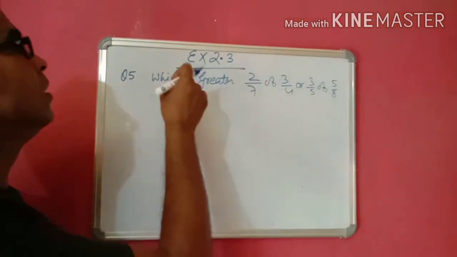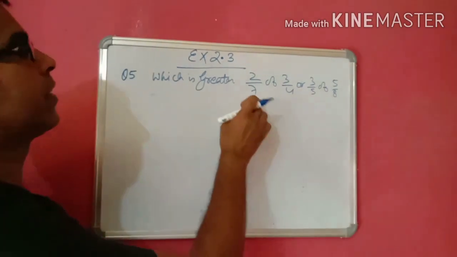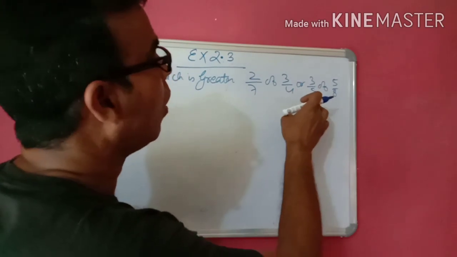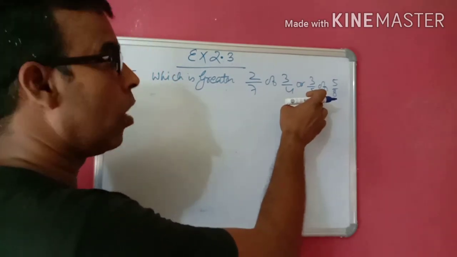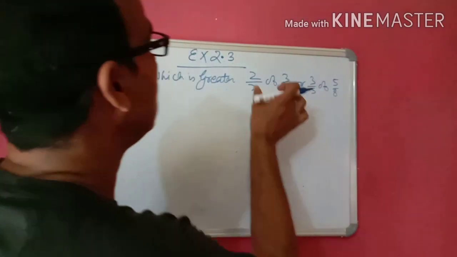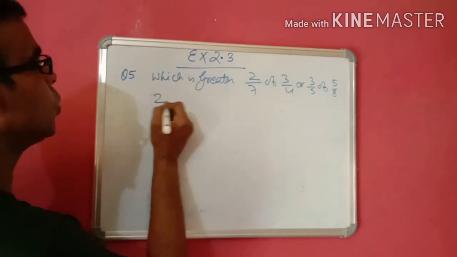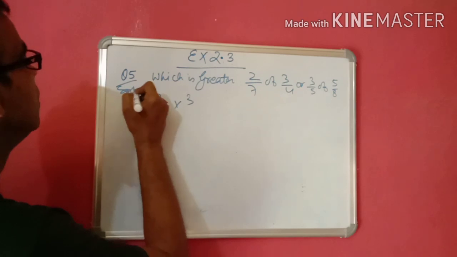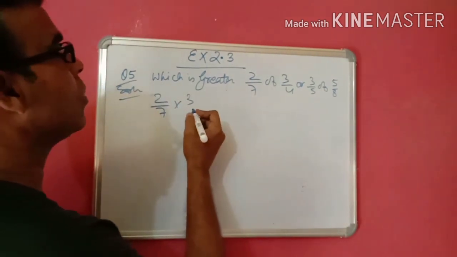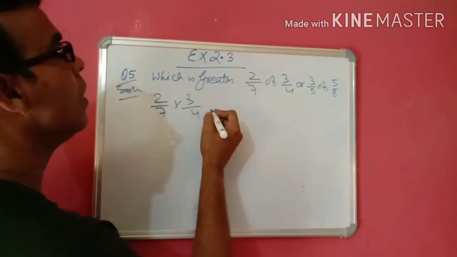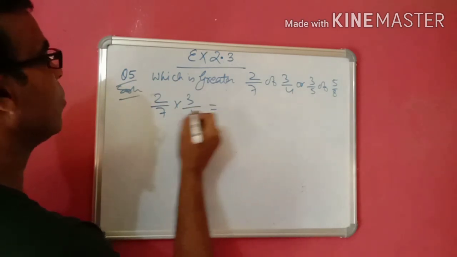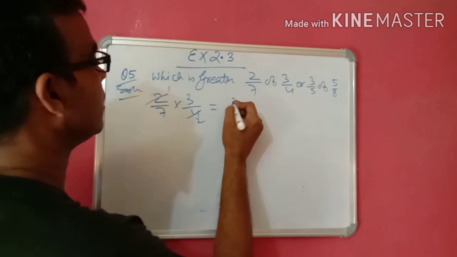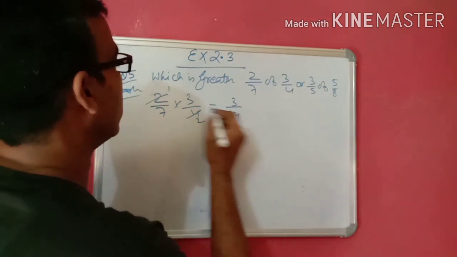Now 2.3 question number 5: which is greater, 2 by 7 of 3 by 4 or 3 by 5 of 5 by 8? First of all, you have to compare this part. So 2 by 7 into 3 by 4: 2 to the 4 is 1, so it means 3 by 14.